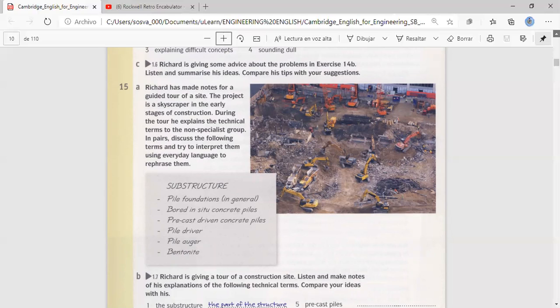So let's compare what you think about how you can explain in a good way to what, in this case, the professional engineer says to us. So let's listen carefully to this advice. You can make notes if necessary, okay? Yes. So let's go ahead, listen carefully.